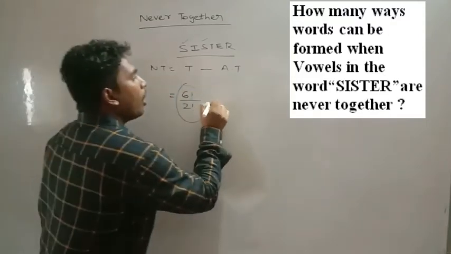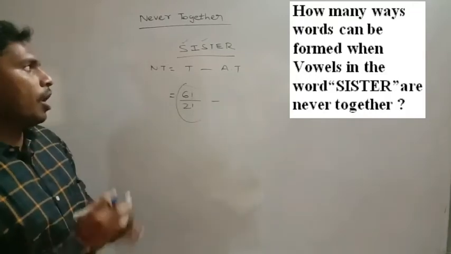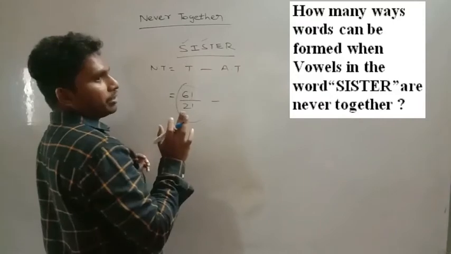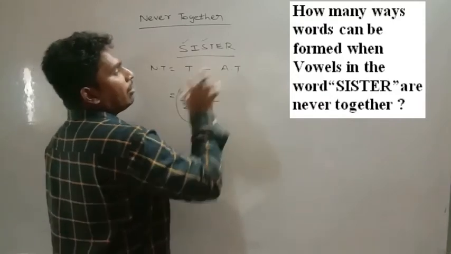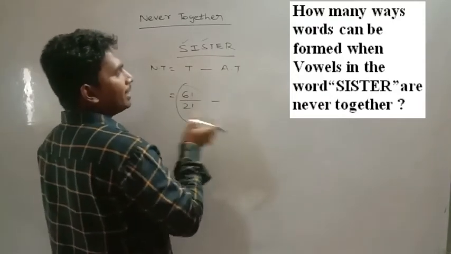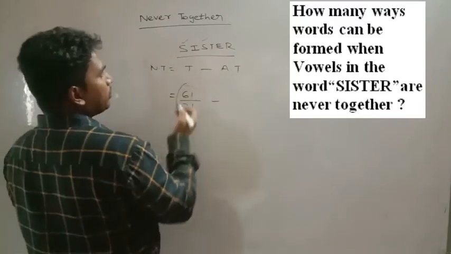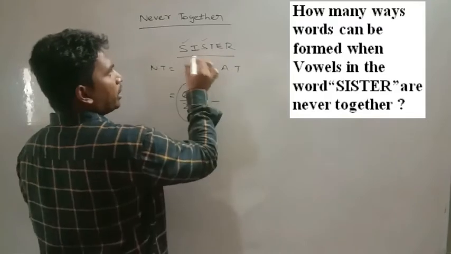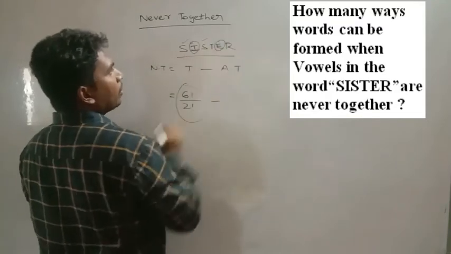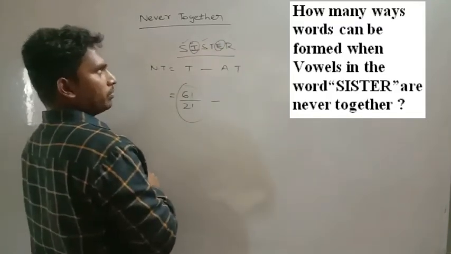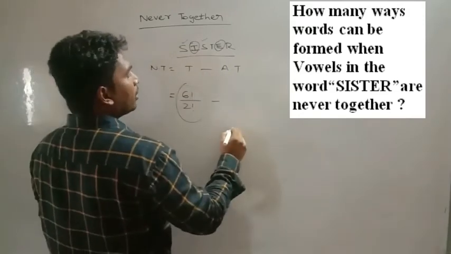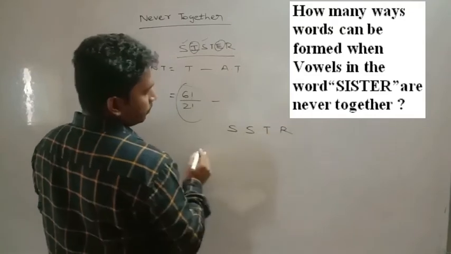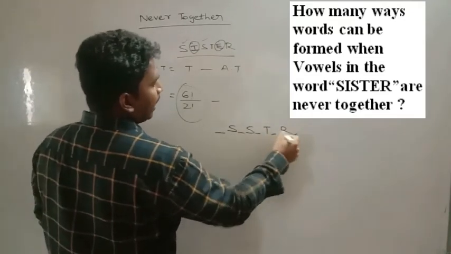Now always together, which is related to vowels. For vowels always together, you have to separate the consonants. The vowels here are I and E. The remaining are consonants: S, S, T and R. Just separate them with blanks.